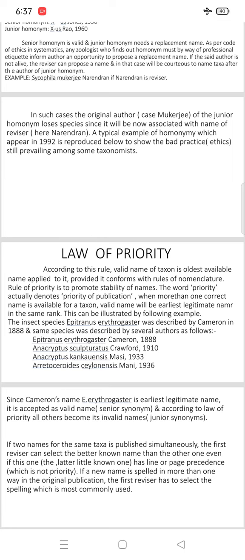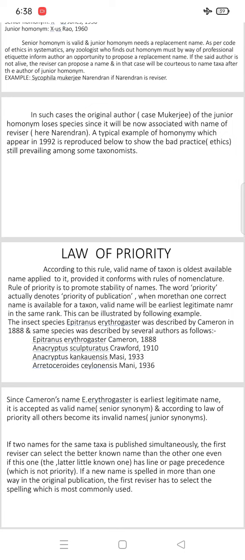In that case, Narendran is the revisor, so it is termed Xylophila Mukherjee Narendran. A typical example of homonymy which appeared in 1992 is reproduced below to show the bad practice ethics which is still prevailing among some taxonomists.